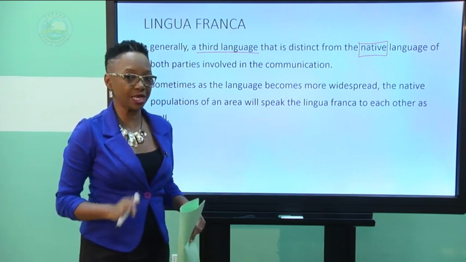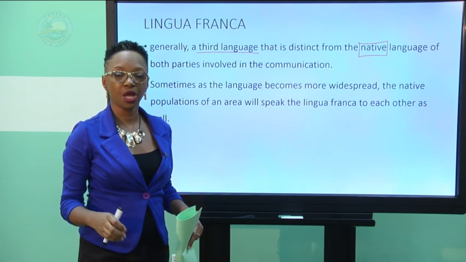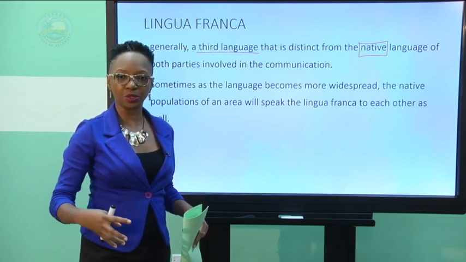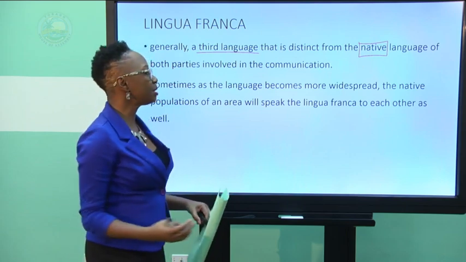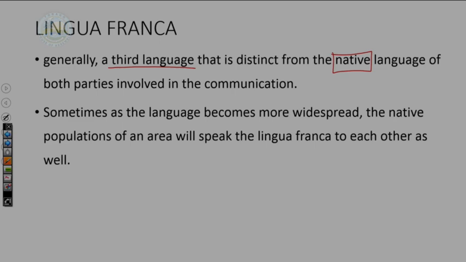Whatever that language is, that is your native language. If you are learning another language as you've gotten older, that is your second language. Another term that we use for native language is first language. Your first language.